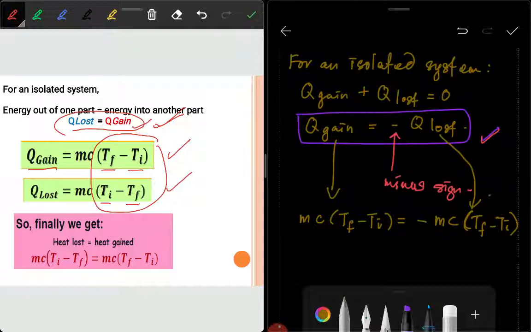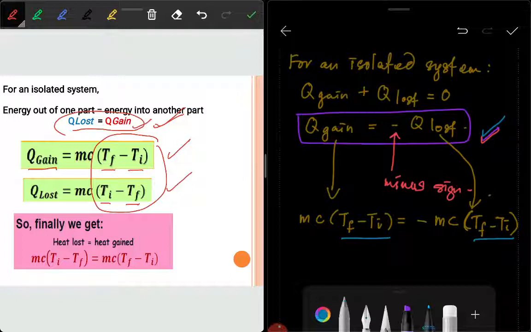So you can see here, it becomes easier because the difference in temperature for both gain and loss are the same. Final temperature minus initial temperature, and same with the heat loss. The difference in temperature is always final temperature minus initial temperature. This is for those who want to use this equation.